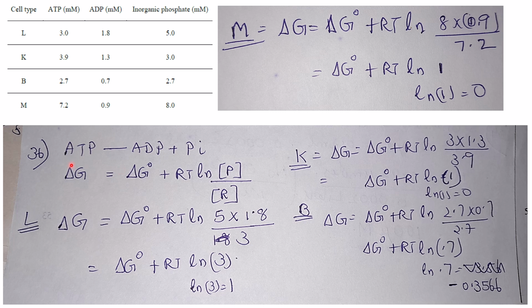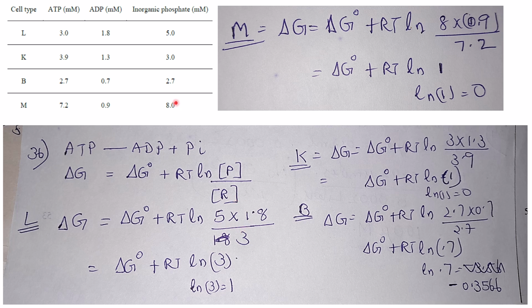We know ATP gives ADP plus Pi. Delta G is equal to delta G0 plus RT ln concentration of products by concentration of reactants. Here delta G0 plus RT remains constant always, but the concentrations of products and reactants change. So substitute for the concentrations of products and reactants, then I will tell you what to do.